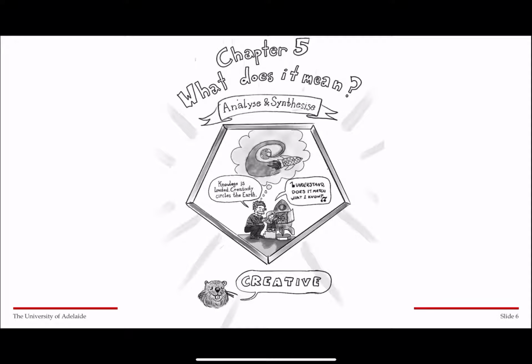So chapter 5 is on, you could say, the fifth facet of MELT, with this leading question, and it's very much the affective domain, the more emotional side, where down the bottom the beaver is calling out creative. Each chapter in the book begins with a cartoon, much like this, where you've got Einstein and a little child calling out elements that epitomise the thinking in that chapter.